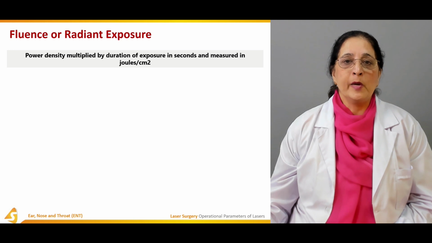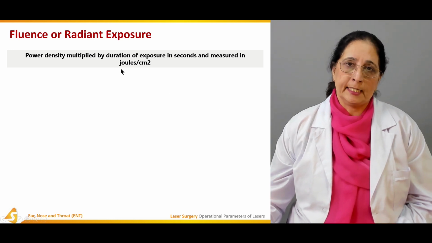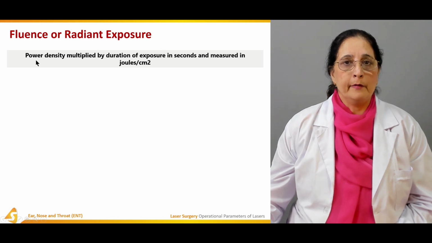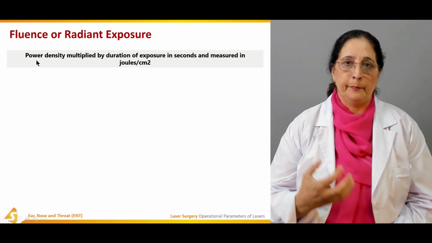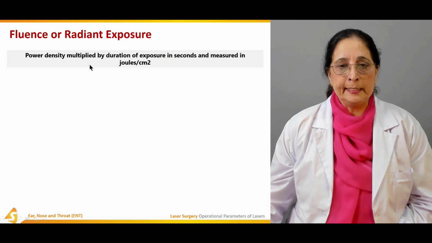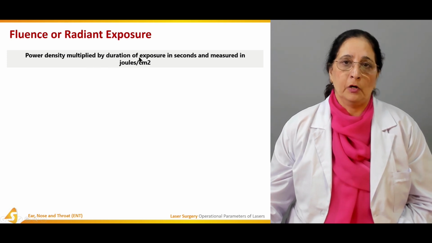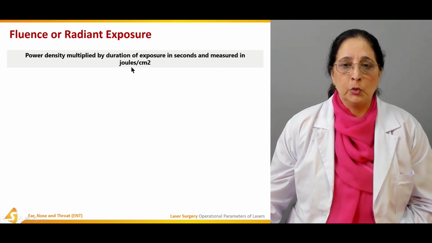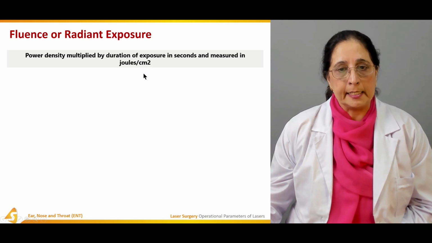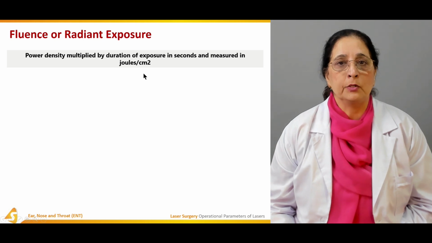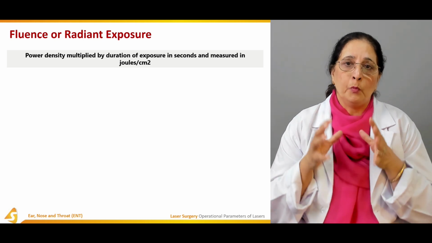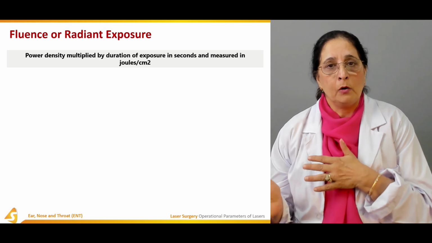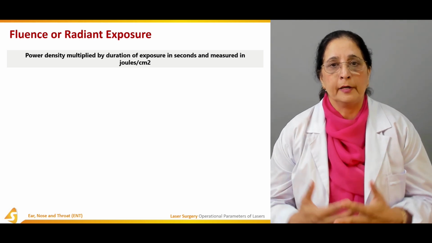Then we have fluence or radiant exposure. Once we get the power density, it is multiplied by the duration of exposure in seconds and measured in joules per square centimeter. That's the fluence or radiant exposure. So how much power density is given, and how long is the duration of exposure?